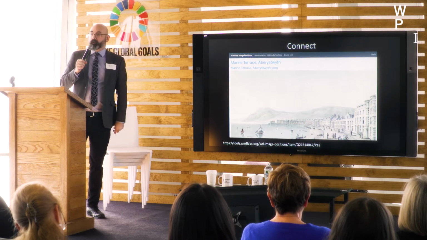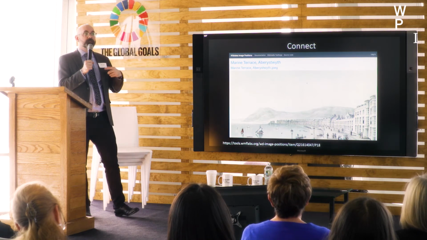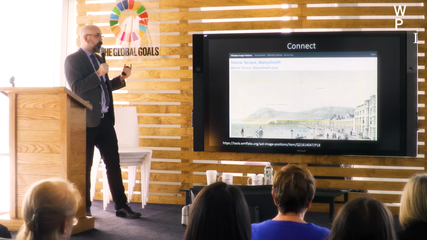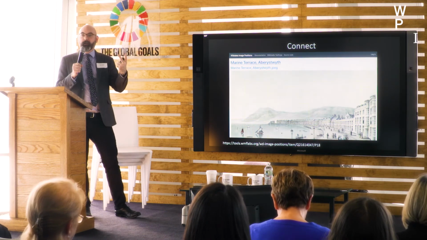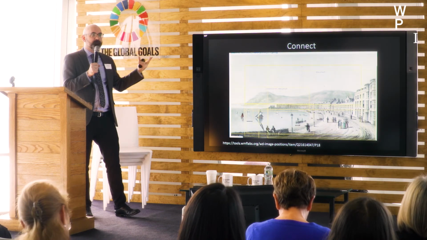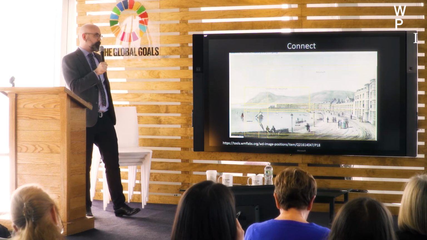This also comes from the National Library of Wales, but this is a very recent project from them, connecting to Wikidata. This is about the notion of what's depicted in an object. This is just an example of a drawing of Aberystwyth, which is where the National Library of Wales is.